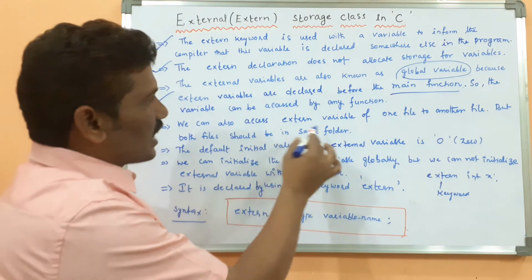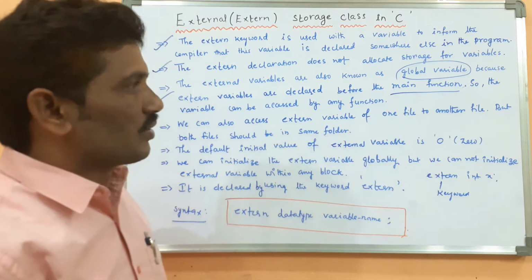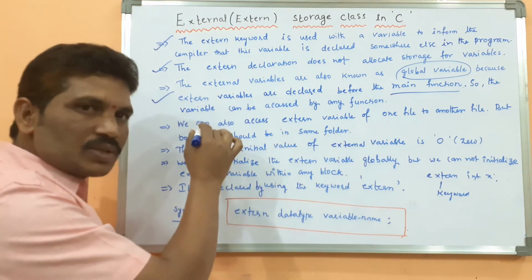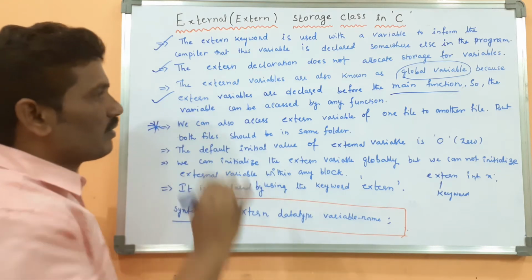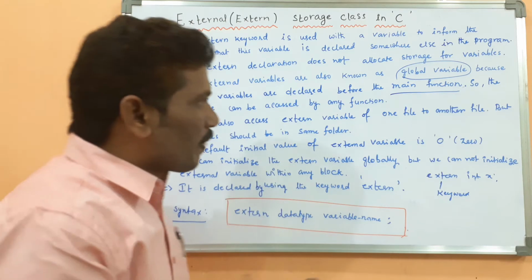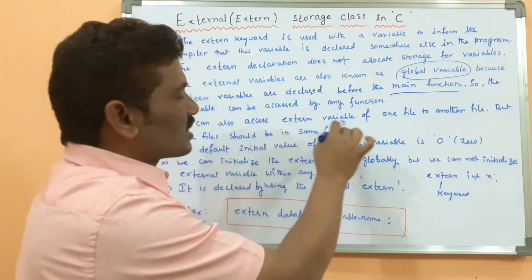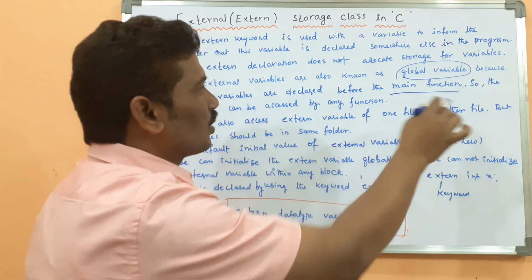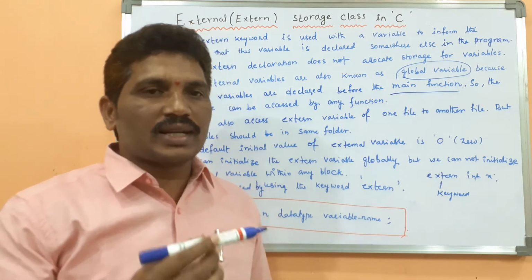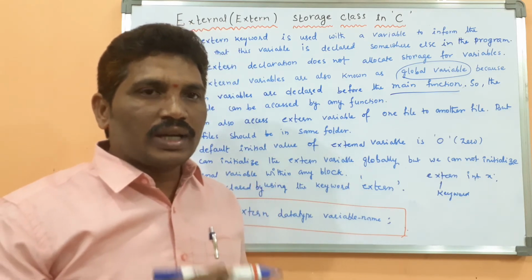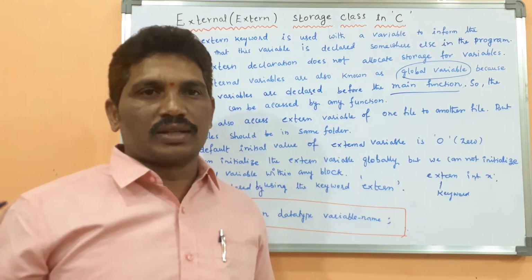We can also access the extern variable of one file from another file. Generally, this is the purpose for which we use it. Here we can access the extern variable of one file from another file, because a variable declared in one file can be accessed from another file.